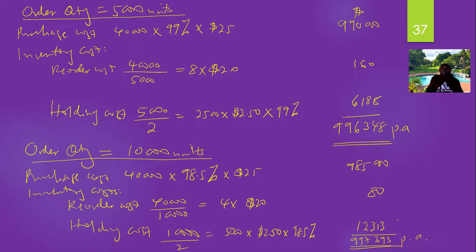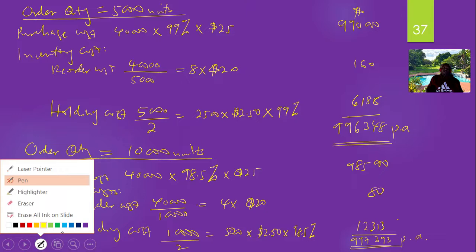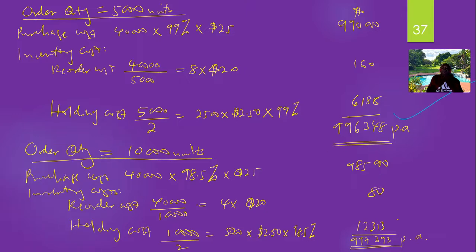When we increase the order to 10,000, even if there is a discount of 1.5, the cost will start to go up again. But here at 5,000 units, it had become lower to 996,340. So you can see that the best option is to use the order quantity of 5,000, which is this one. Okay, so the 5,000 leads us to a much lower total cost as compared to the other options.